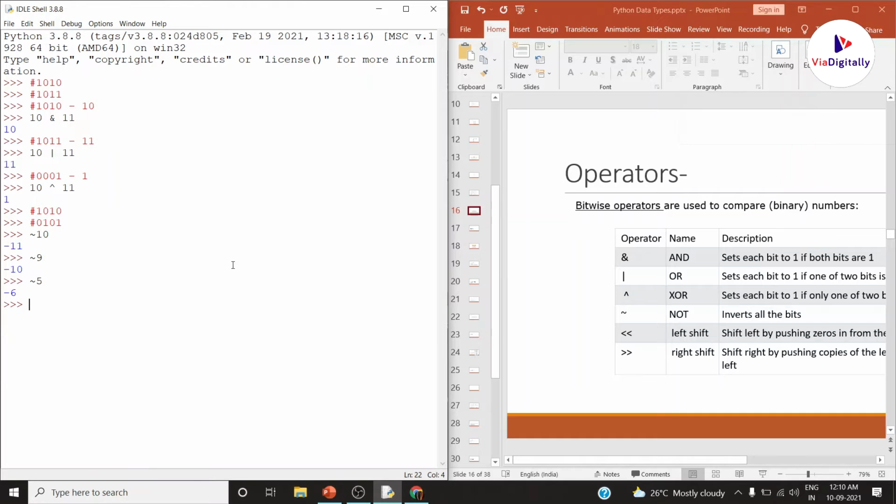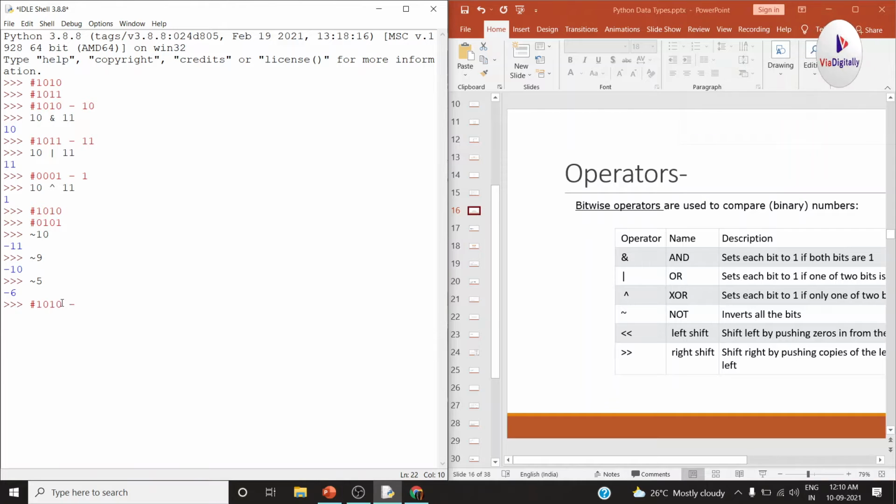What is the cause here? Python implicitly carries the sign bit for any number. That is the main problem. I am writing 1010, right? But Python, instead of 1010, carries the number as 01010.